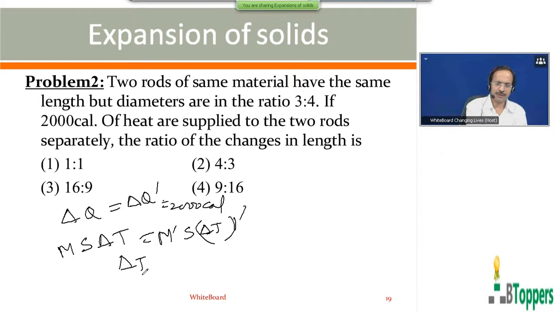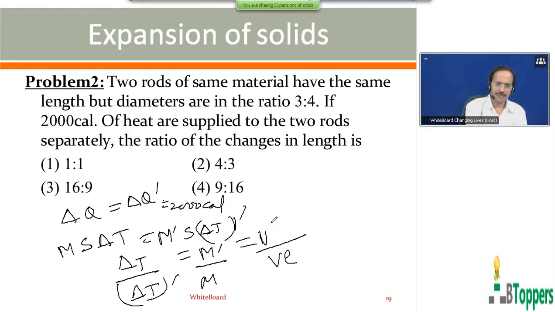So increase in temperature of first rod to the increase in temperature of second rod is equal to mass of second rod to the mass of first rod. Mass of the rod is equal to volume into density. Both the rods are made up of same metal, so density is same.